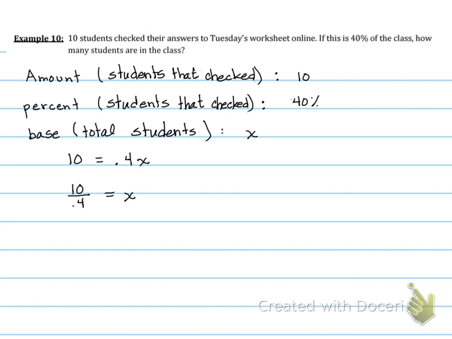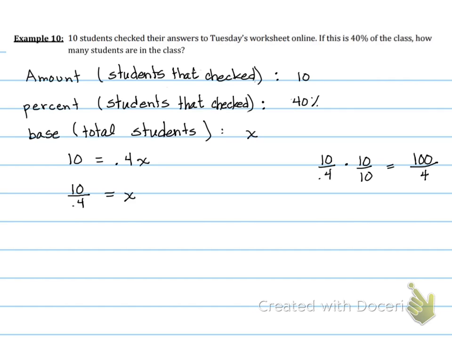As far as how to do that division, there's a few ways to do it. I think the easiest is to remember that if you multiply by 10, it moves the decimal point over one place. So if I don't want a decimal in my denominator, I can multiply this whole fraction by 10 over 10, which gives me 100 on the top and 4 on the bottom.